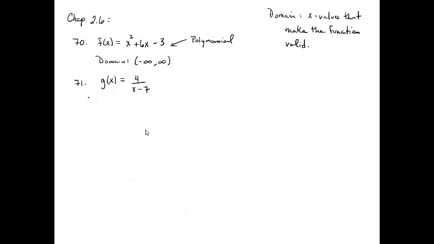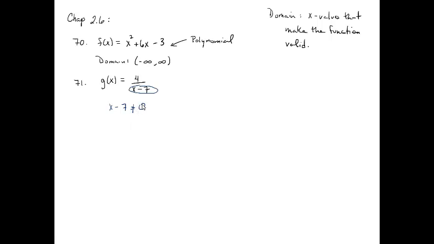Well, here I have a denominator, which means I'm going to have a problem if I end up dividing by 0. My denominator cannot be equal to 0. So when I'm thinking about finding the domain, I'm going to take this denominator and find out where it's 0. So x minus 7 cannot, that's the equal sign with the slash through it, equal 0.